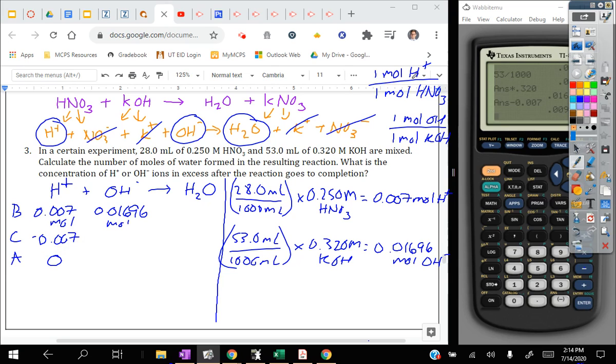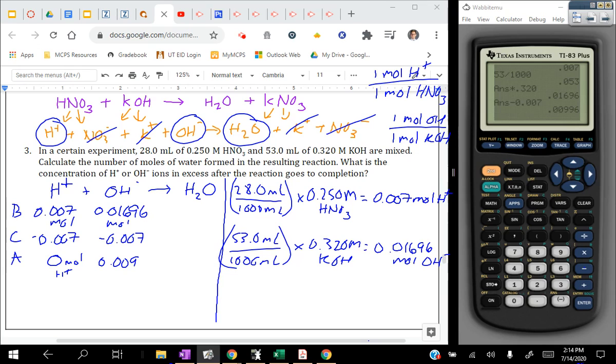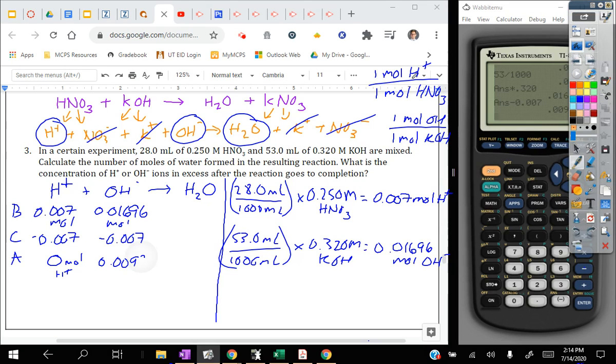I have no H plus remaining, 0 moles of H plus, and then same change. And when I subtract that, 0.00996 of OH minus, and I had no water to begin with, at least in terms of moles I was trying to calculate. But I have that many moles added.